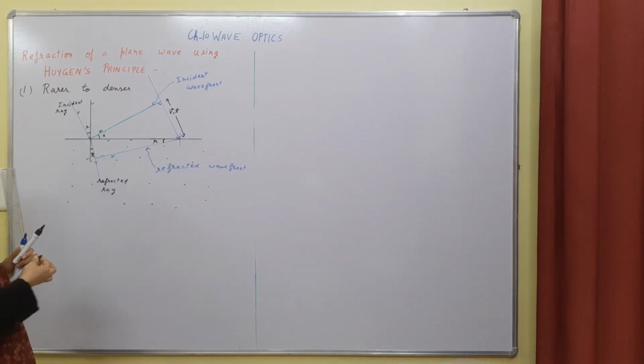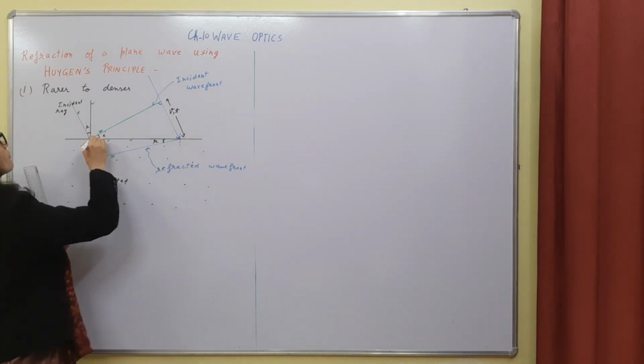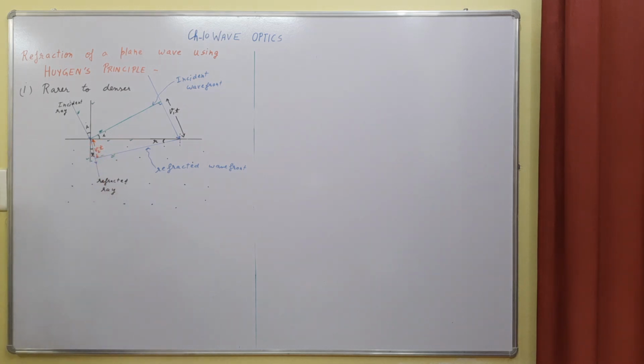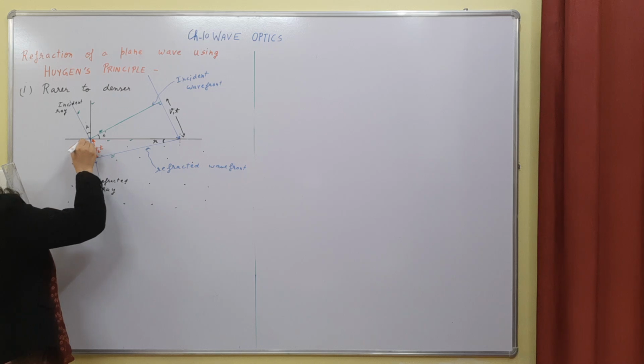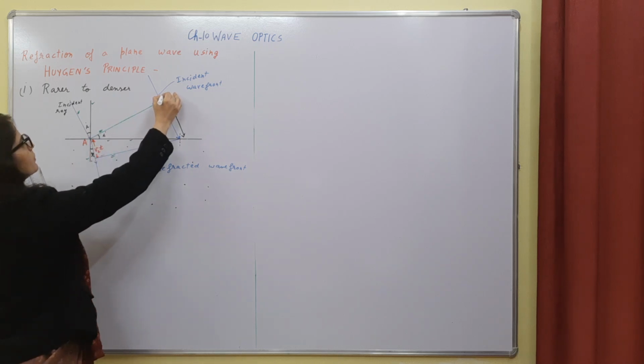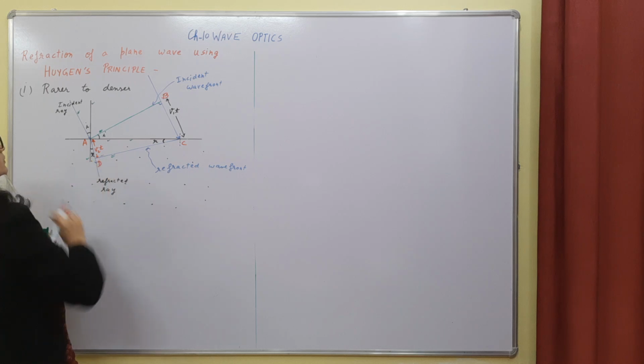Similarly, here the time is the same, so this velocity multiplied by time will be the distance traveled in this medium. Now we will first mark the points A, B, C, D, right?